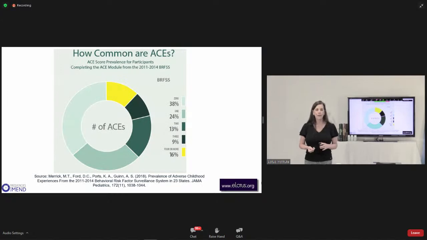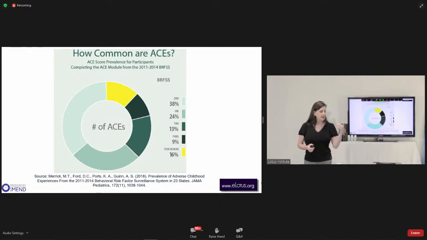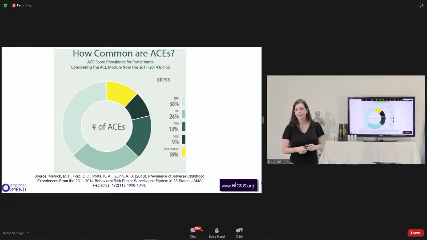Here's what happened when they did that study. So, and this is the one that was repeated between 2011 and 2014. And this was multi-study states. So there were 23 states involved in this study, and they found out 38% was the number of people that have no ACEs.